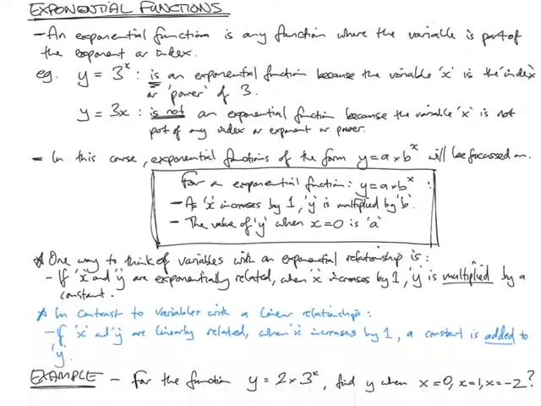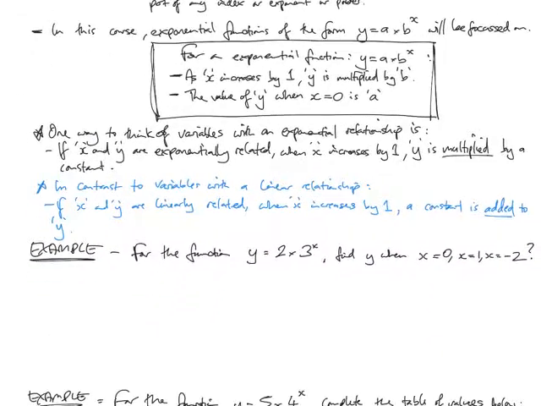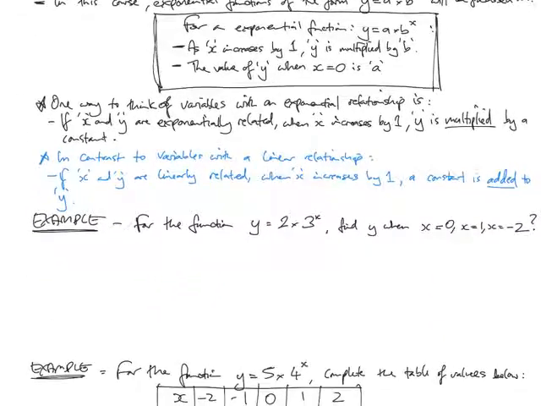So one way to think about it is when we talked about linear functions before, we said that when two variables are linearly related, when x increases by a constant of 1, you add a constant to y. So the variables increase by a constant amount each time through addition.